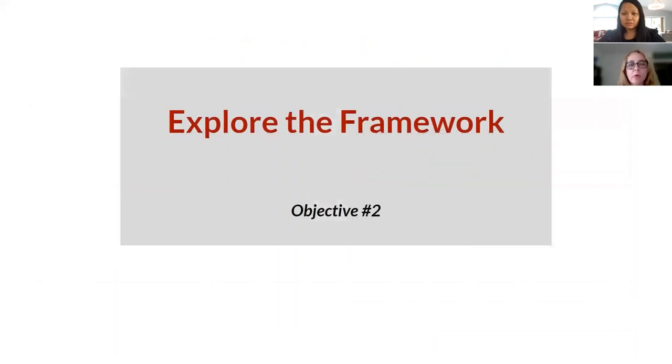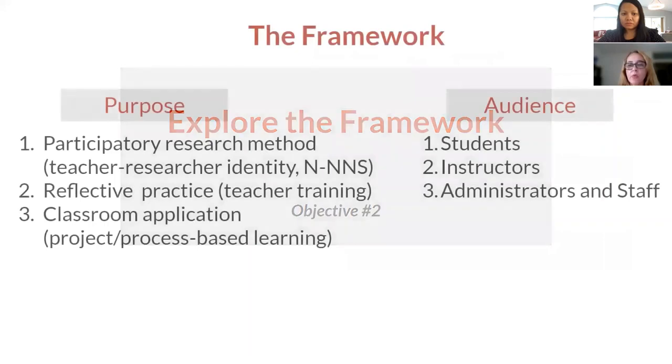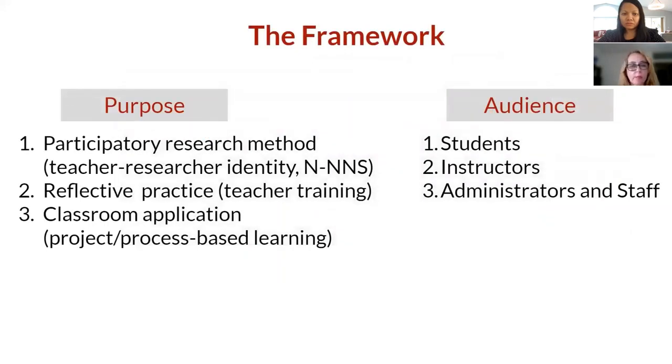And now let's explore the framework. In our research, we used a social contextual approach to English language teaching and research, and this approach comes from Auerbach in 1989, which focused on meaningful participation.